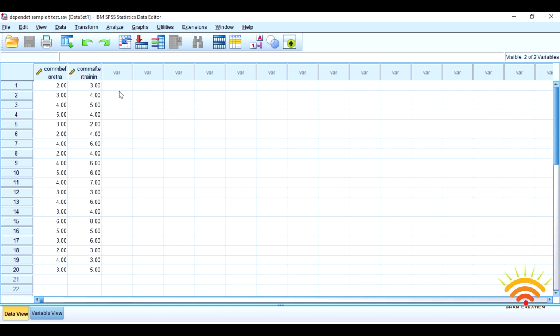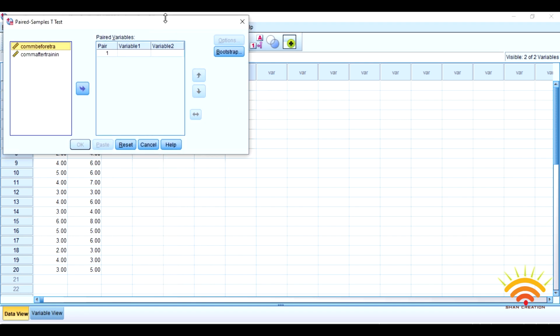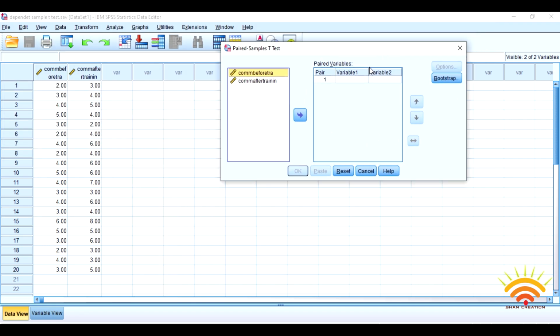Steps in running the dependent sample t-test in SPSS. Click on Analyze, then Compare Means, then Paired Samples t-Test. There will be a dialog box. You have two different time periods, commitment before training and commitment after training.